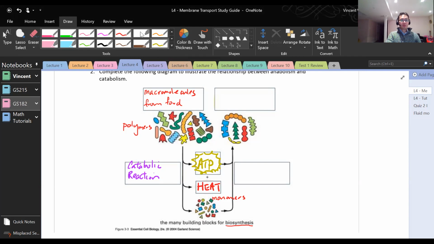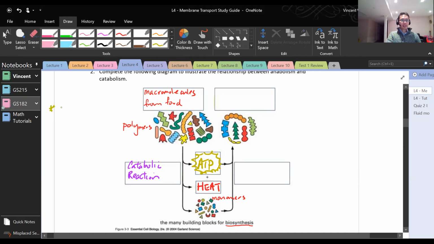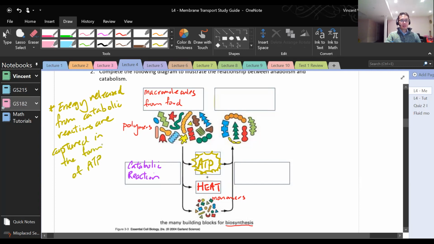Let me write this down for you: energy released from catabolic reactions are captured in the form of ATP.